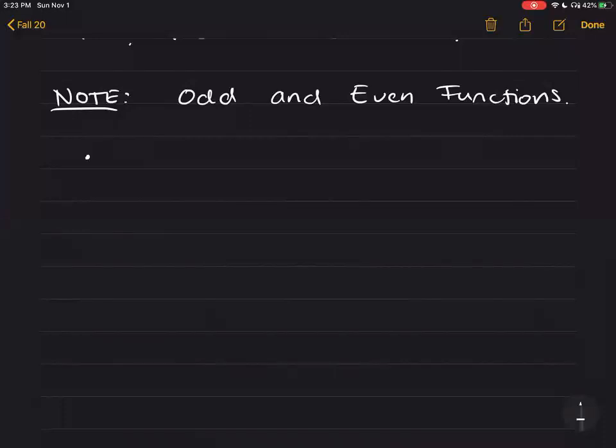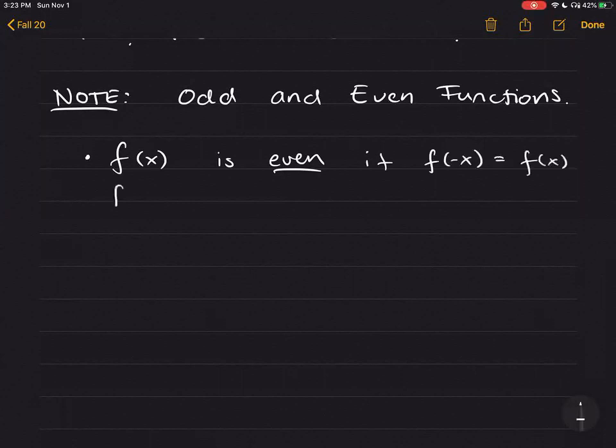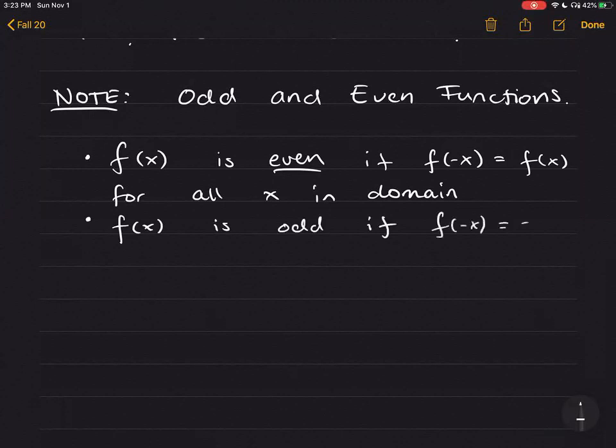Well, f of x, some function, we're going to say is even if f of negative x equals f of x for all x in the domain. And then we're going to say f of x is odd if f of negative x equals negative f of x for all x in the domain.